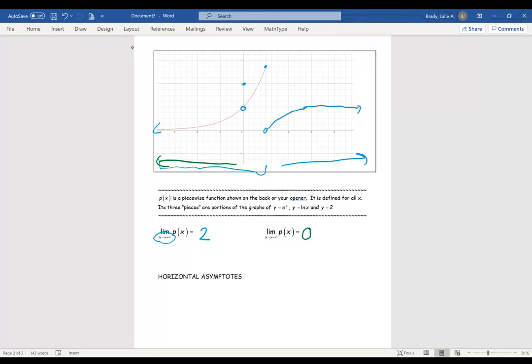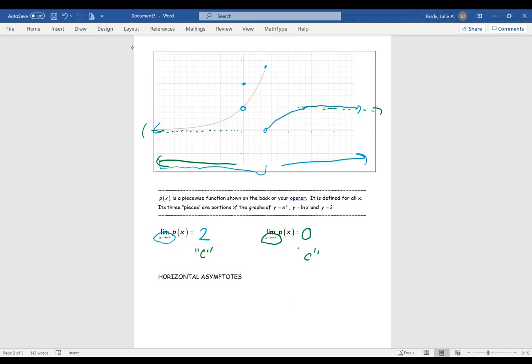But these end behaviors, if the end behavior is a number, so this is some number c, we use in calculus. And so this means that in this part of the graph, the curve behaves like this horizontal line.